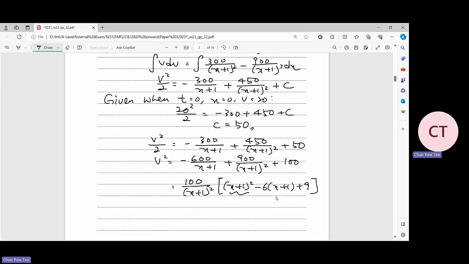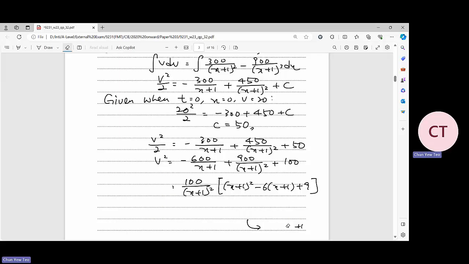If you treat this as a u, then you will get u squared minus 6u plus 9. And you know that u squared minus 6u plus 9 will be (u minus 3) squared. Since just now I said that u is x plus 1, I just change it back.